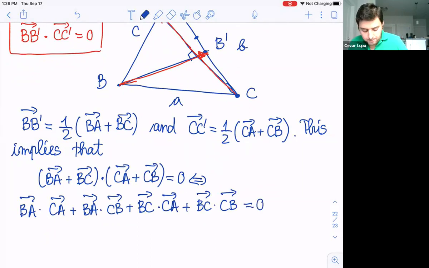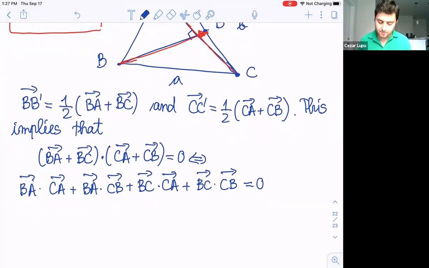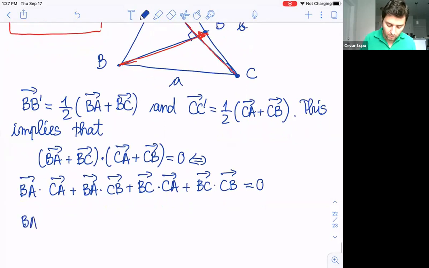Well, let's look at some of these terms. BA vector times CA vector.